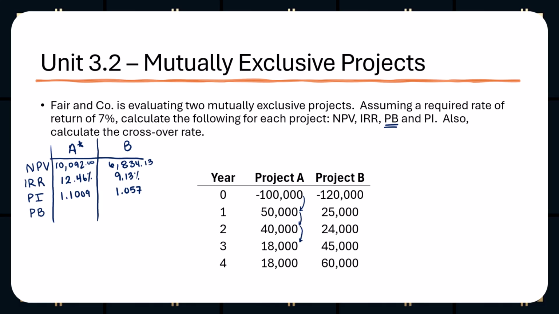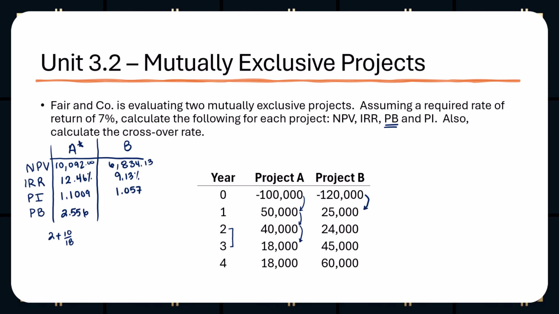So that tells me for project A that the payback period is somewhere between the end of year 2 and the end of year 3. So my number starts with a 2, and then it's just going to be 10 over 18. That's the 10,000 divided by the 18,000 that needs to happen there. So we get a payback period of 2.556.